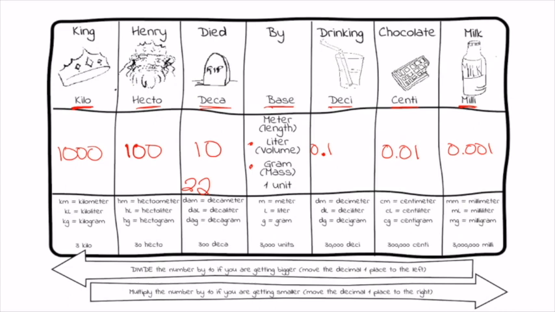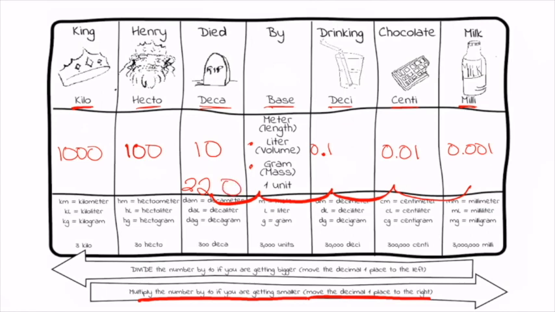If we're going to convert 22 decameters to millimeters, we're going to multiply the number if you're getting smaller. So we're going smaller, so this means moving the decimal one place to the right for every one we go. So we're going to start at decameter and move 1, 2, 3, 4 places.